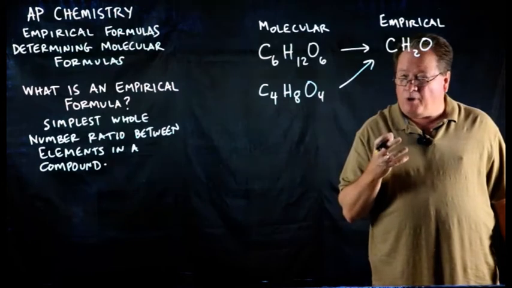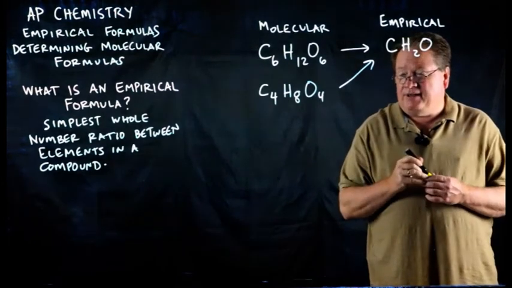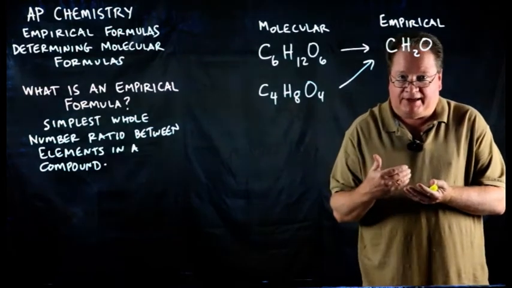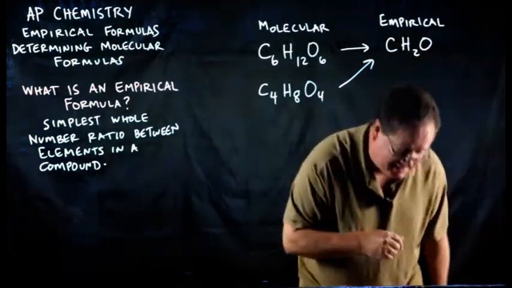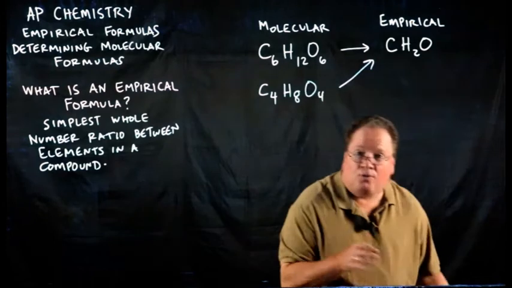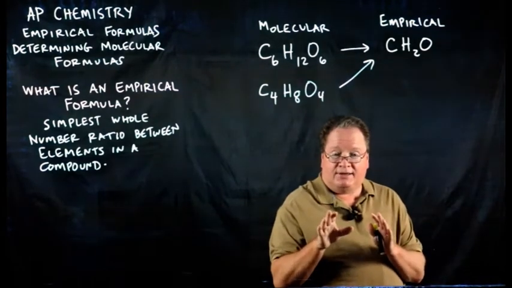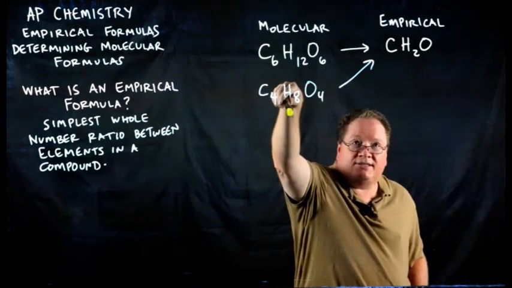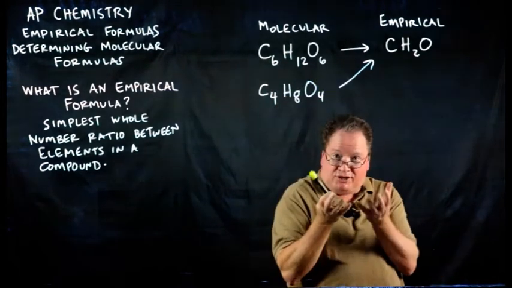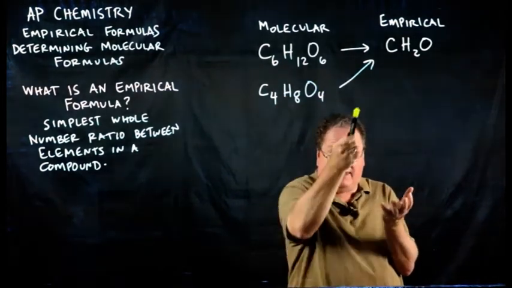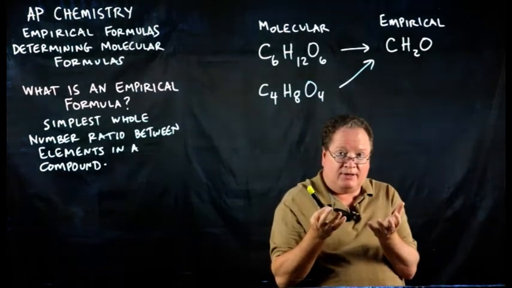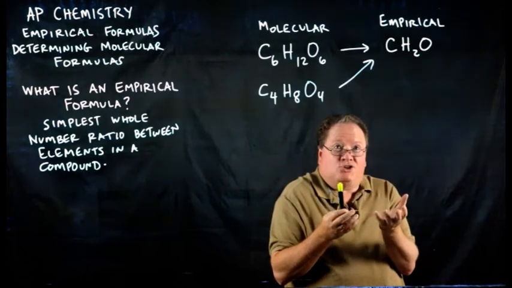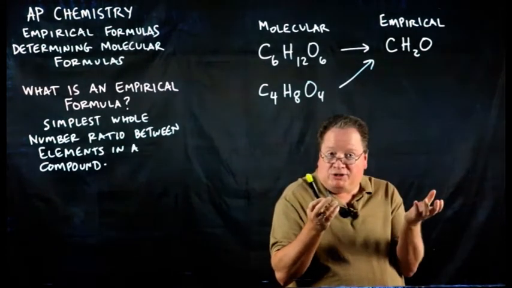Now, here's why empirical is important. Let's say I have an unknown substance that someone brings me. If I go to test that substance to see what its formula is, I really have no way of knowing what these are. If I measure the mass of each one of these elements that make up this compound, I'm going to get a whole bunch of carbon and twice a whole bunch of hydrogen and a whole bunch of oxygen.